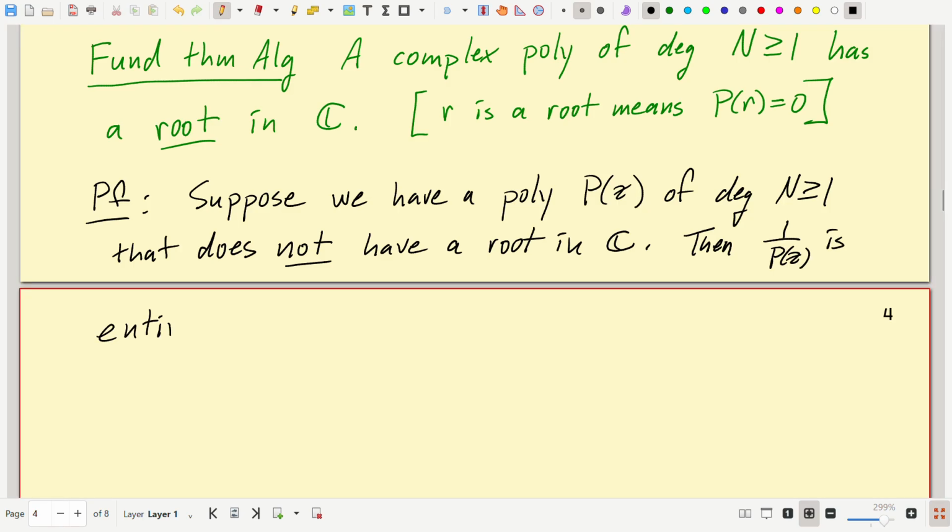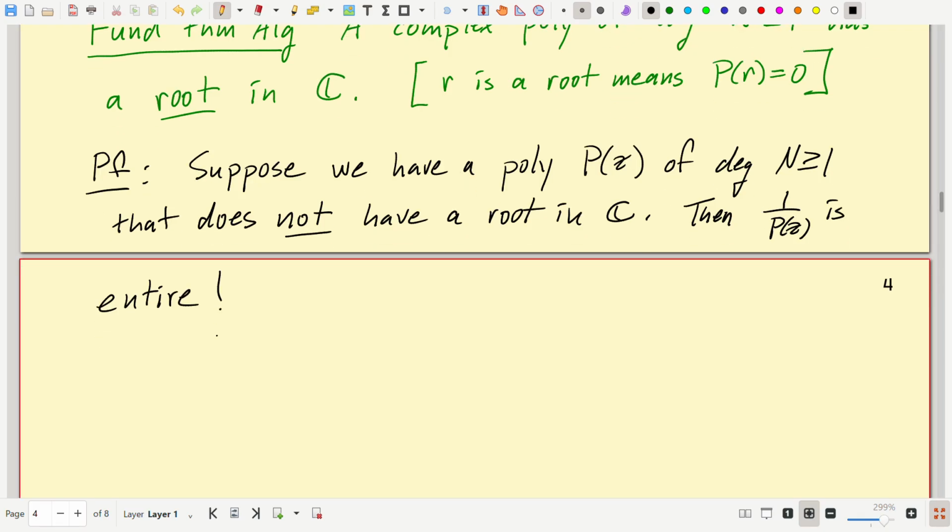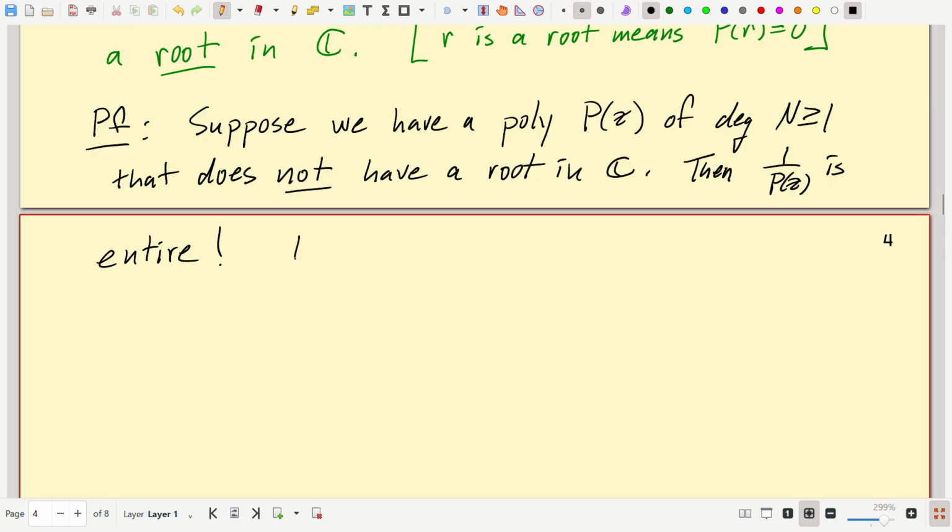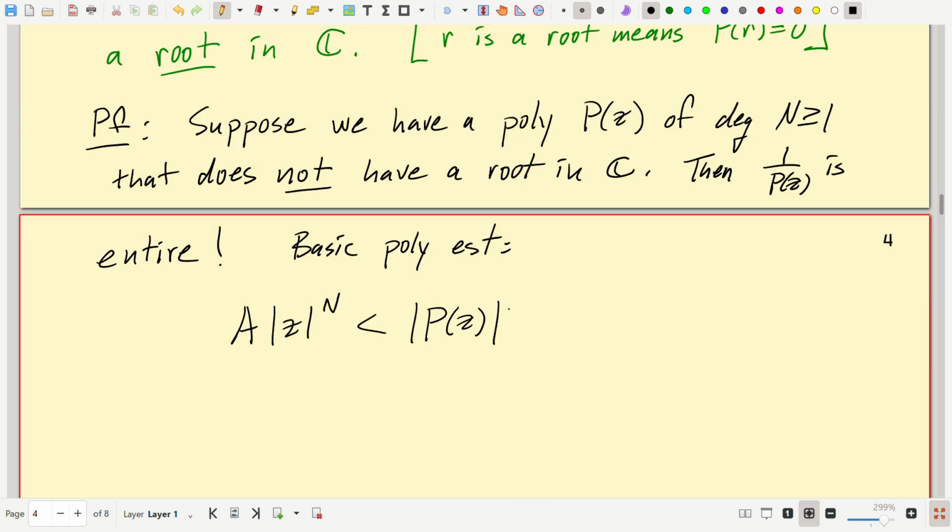It's a bounded entire function. We have the basic polynomial estimate, which is a mod z to the n less than mod P of z is less than B mod z to the n when the modulus of z is bigger than some radius.